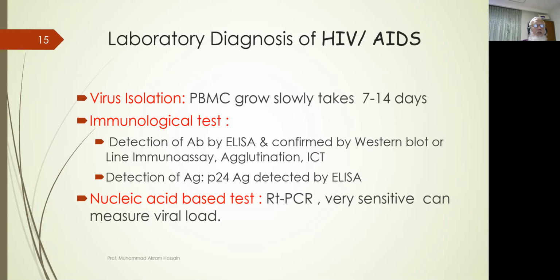The p24 antigen can be detected by ELISA, and this antigen detection is helpful during the window period between the infection and development of the antibody. Nucleic acid based test, RT-PCR, is very sensitive and can measure the viral load.